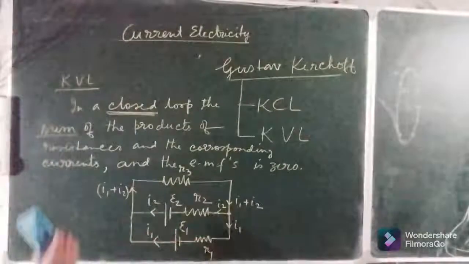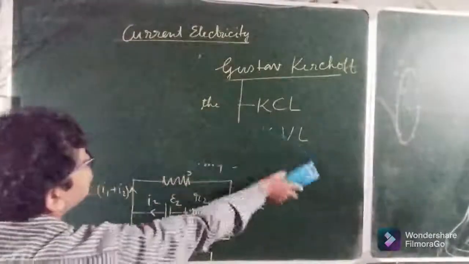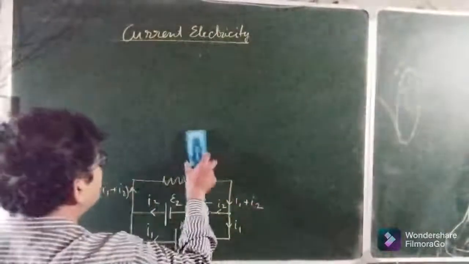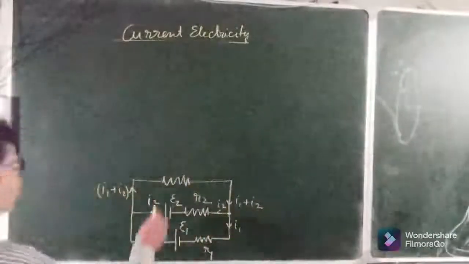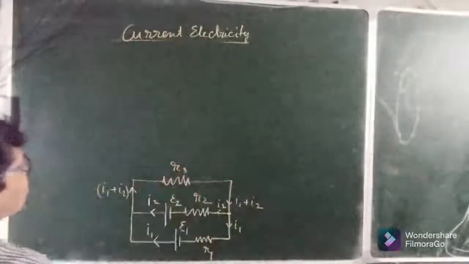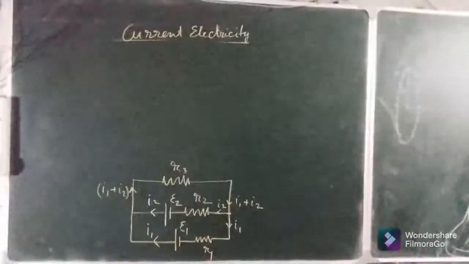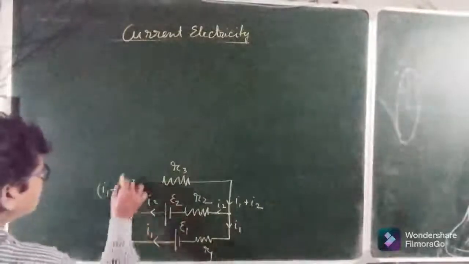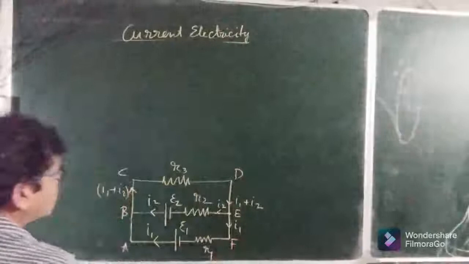When you apply Kirchhoff's rule, Kirchhoff's Voltage Law, you have to take one loop at a time. Suppose let's name them A, B, like this.